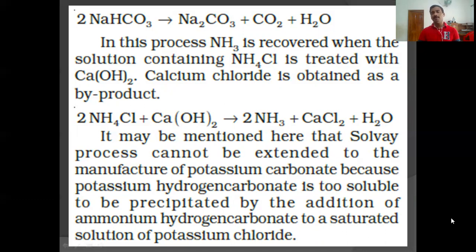The solubility of potassium bicarbonate is comparatively higher, so it is very difficult to precipitate. In the Solvay process, we precipitate the compound as bicarbonate, which on strong heating forms sodium carbonate.